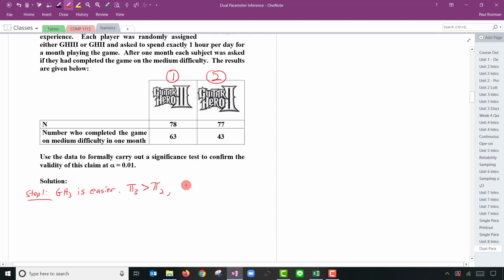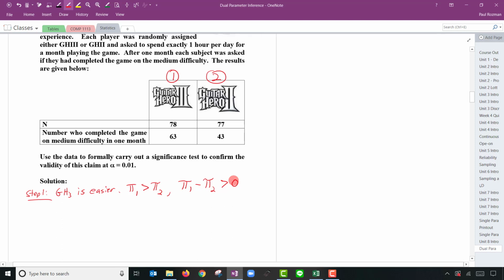I'm already maybe confusing the issue by saying Guitar Hero 3 and Guitar Hero 2, so I'm going to label them group 1 and group 2. So I could rewrite this as Guitar Hero 3 minus Guitar Hero 2 proportions is greater than 0.